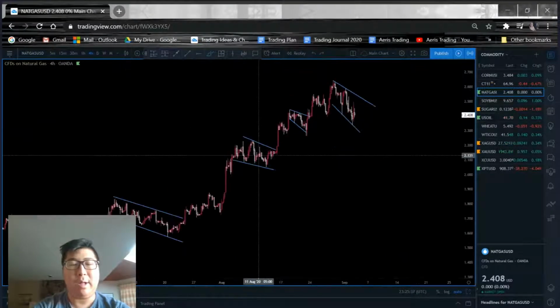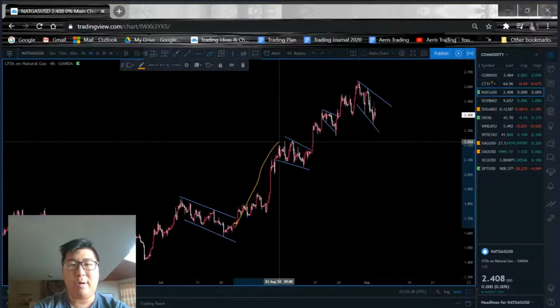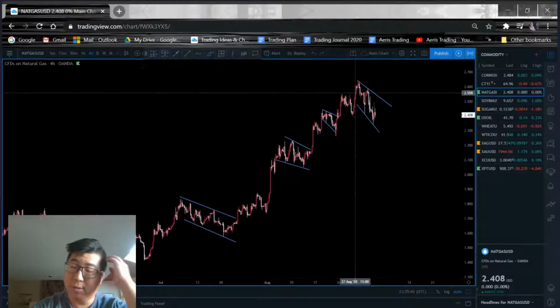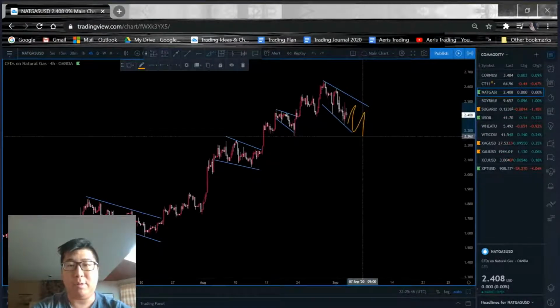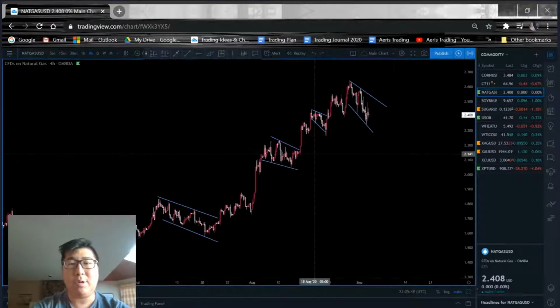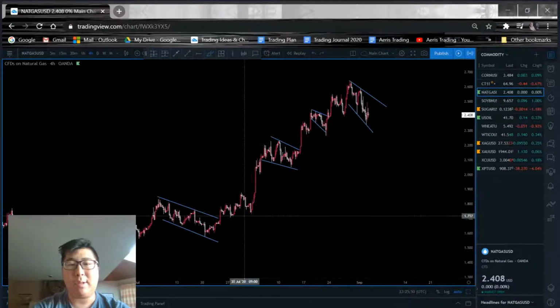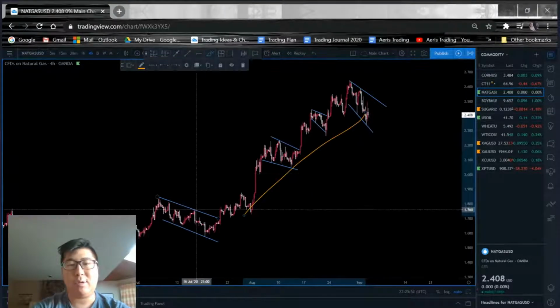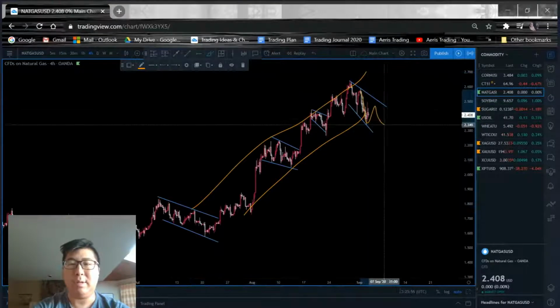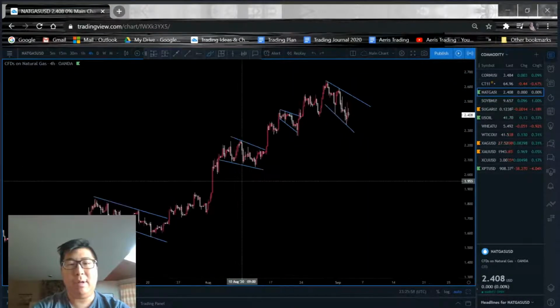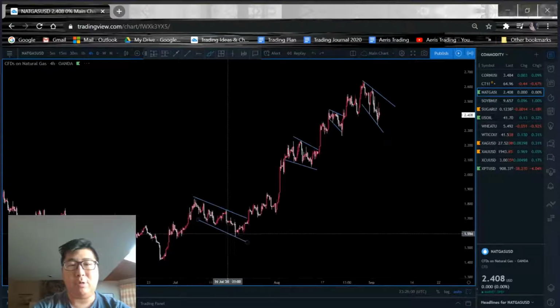I do agree that we have impulsed pretty hard already, pretty fast and pretty impulsively. I do expect a deeper correction to form if it's going to continue upwards. Also be careful that this can be some sort of channel structure it's creating, going something like this, and then price slowly breaking out. But in terms of momentum, I do like what I'm seeing here.